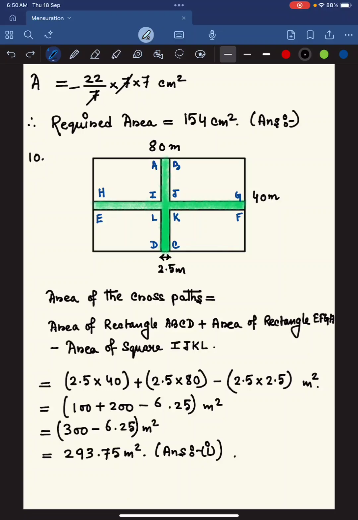Now if we want to find out the area of the unshaded portion, what we will do here is find the area of this entire rectangle, and from there subtract the area of the cross paths, then we will get the area of the unshaded portion, right? So that is what I have done.